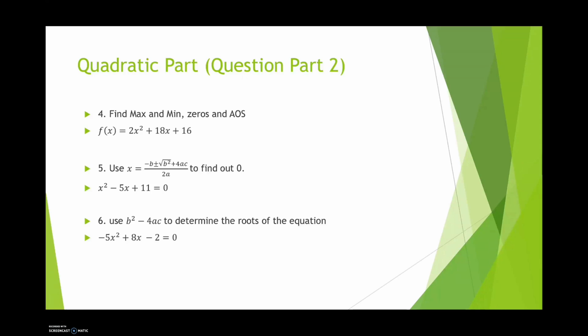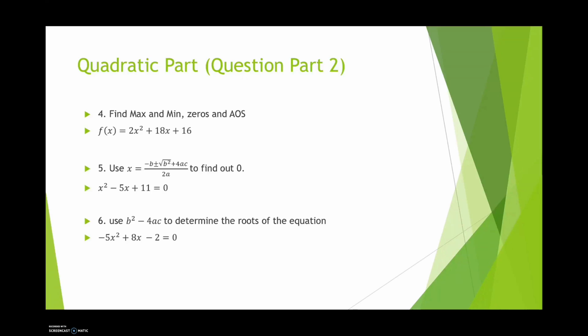This equation has a greatest common factor of 2, and if we take 2 out, what is left inside is x squared plus 9x plus 8.